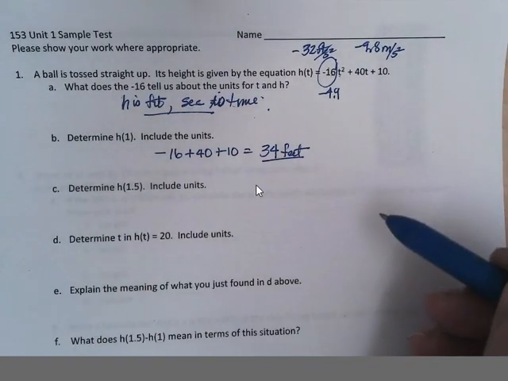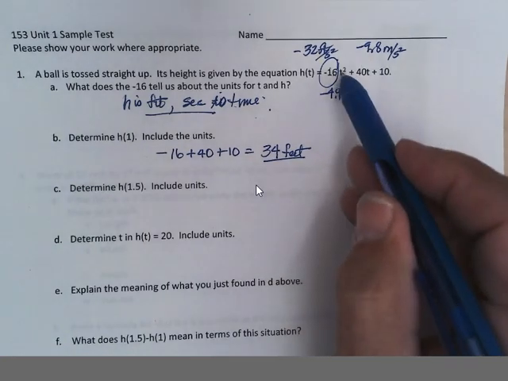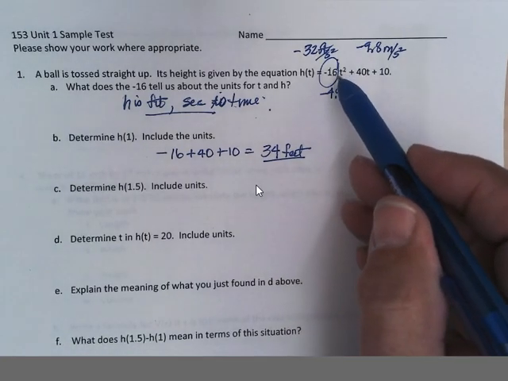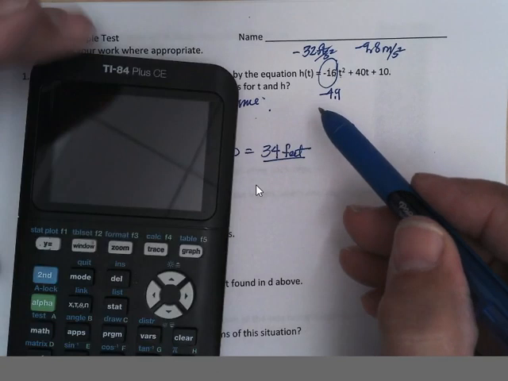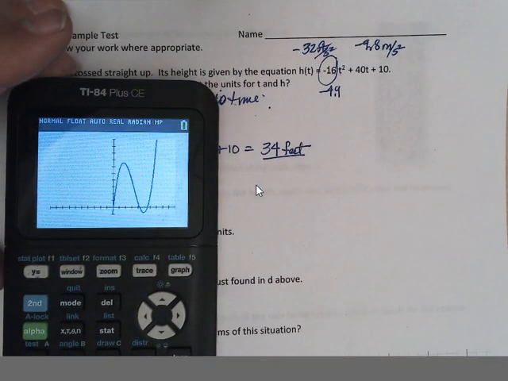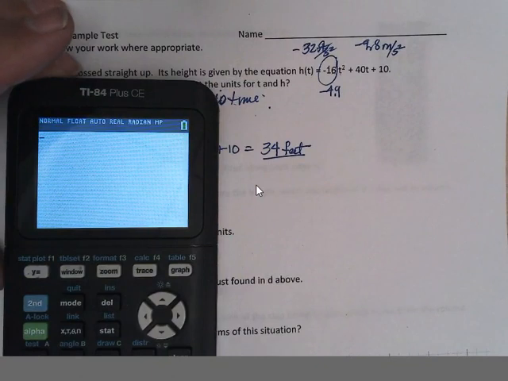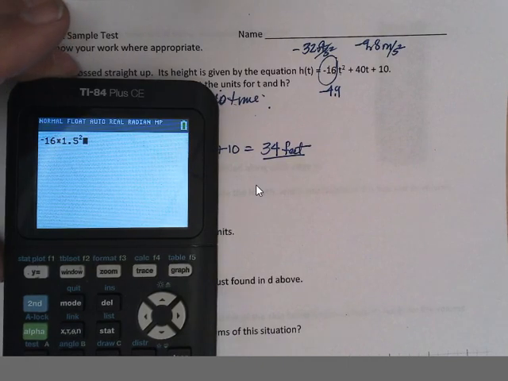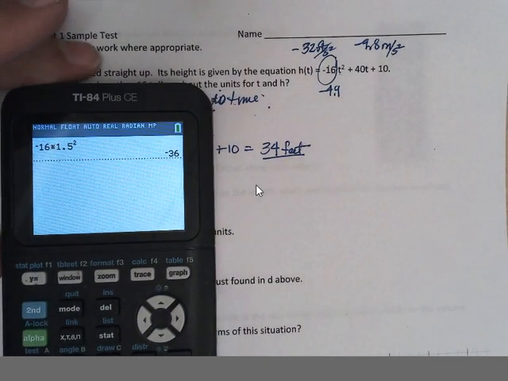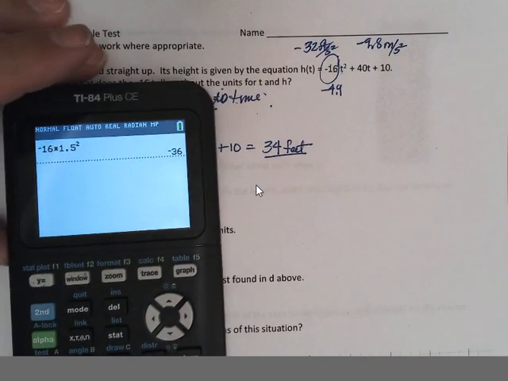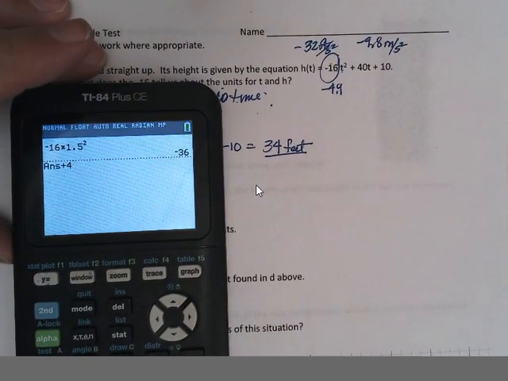H of 1.5. So 1.5 squared is 2.25 times negative 16. Negative 16 times 1.5 squared, so that's negative 36, plus 40 times 1.5 plus 10.